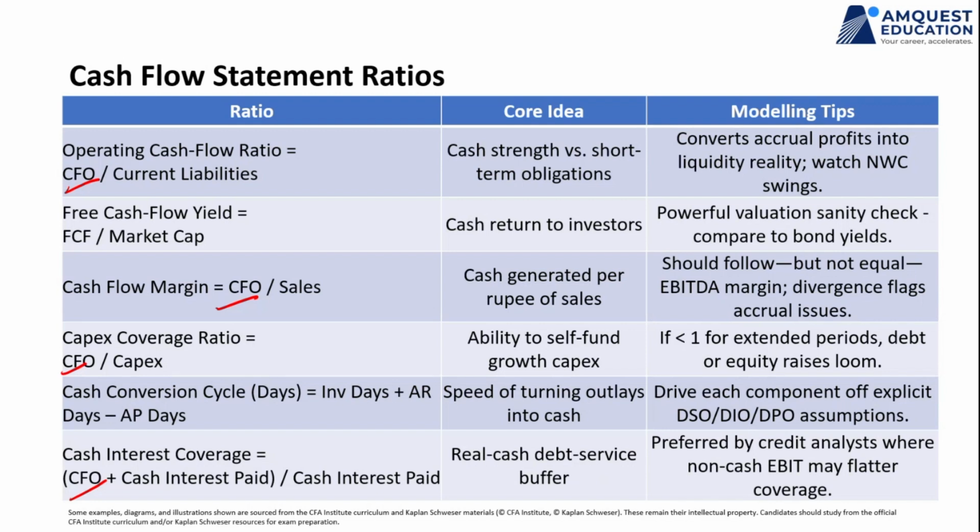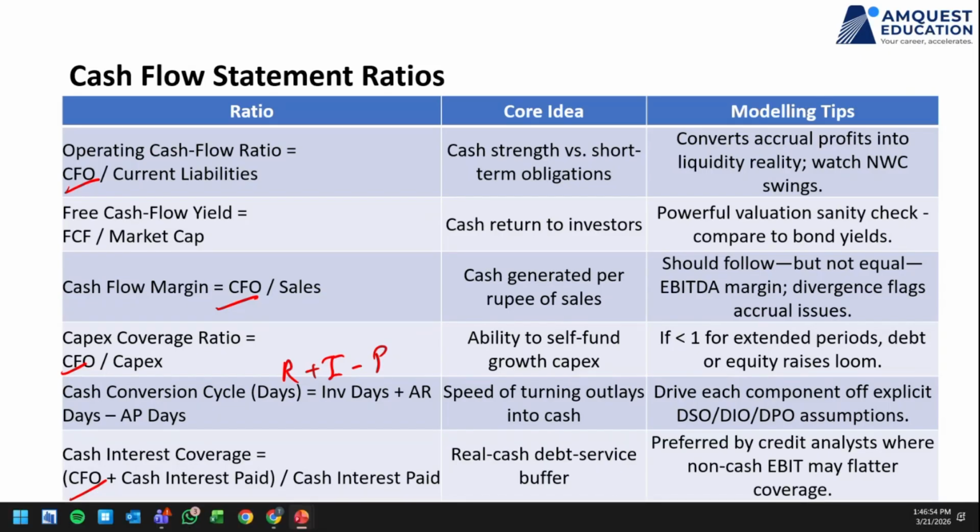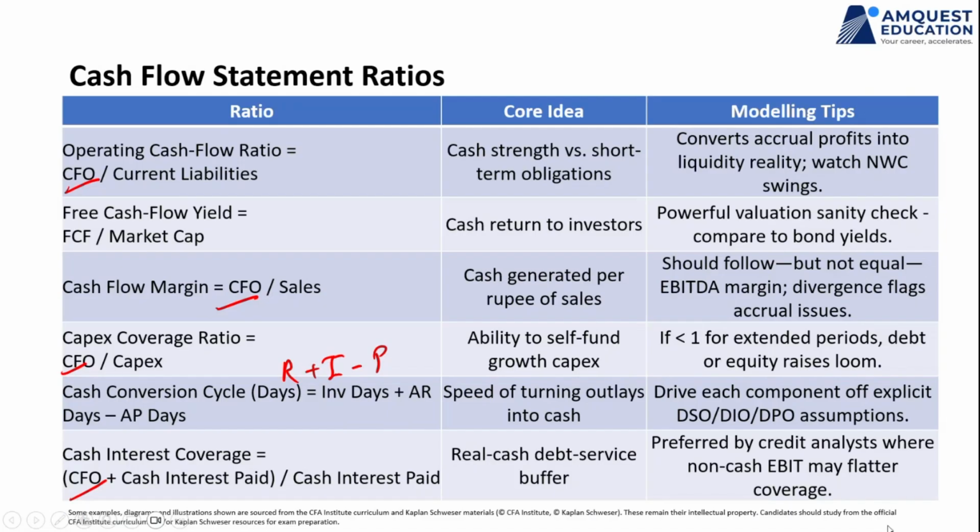Then the cash conversion cycle. You've read this: inventory plus receivable minus payables. So I think the equation is receivable plus inventory minus payables. And then comes cash interest coverage: cash flow from operations plus interest paid, divided by interest paid.